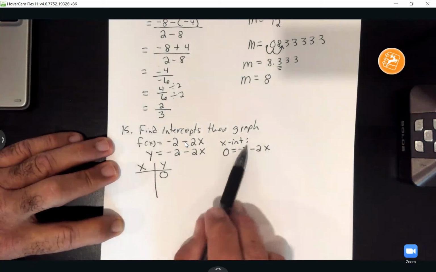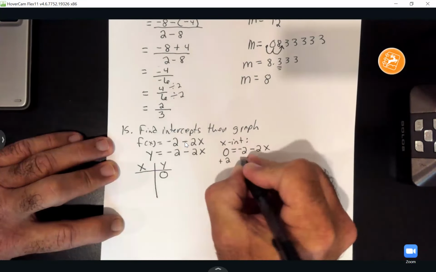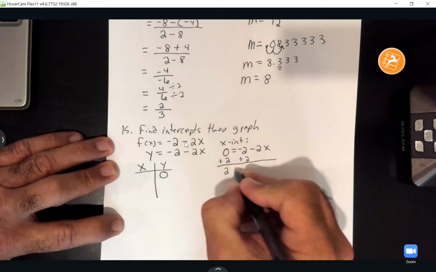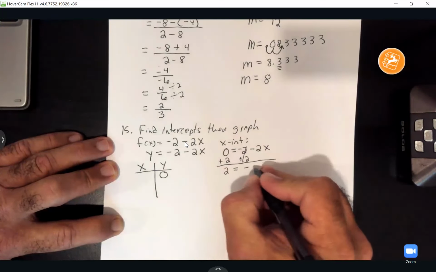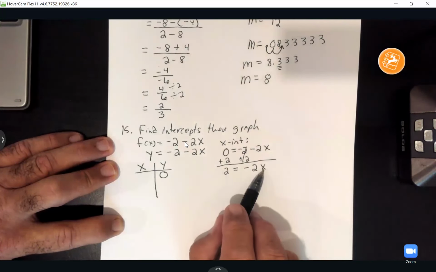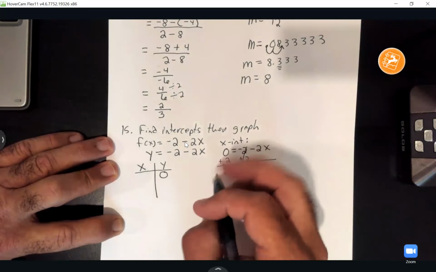So y'all, I need to get the -2x by itself. So to move that -2, we're going to add 2 to both sides. So we now have 2 equals, those cancel on that side, and I bring down my -2x. All right, to make that a positive 1x, we divide both sides by that -2.